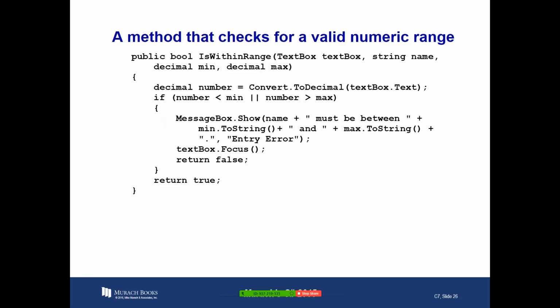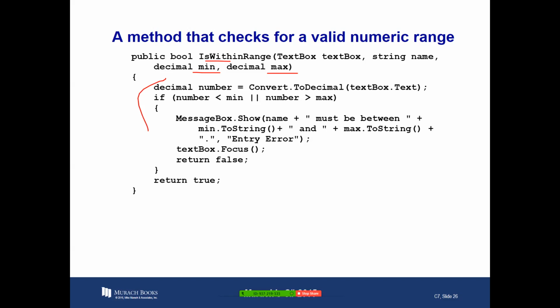This checks for a range, and we're checking to see if it's in a range. And actually, in this method, we pass it the range, the minimum value and the maximum value.